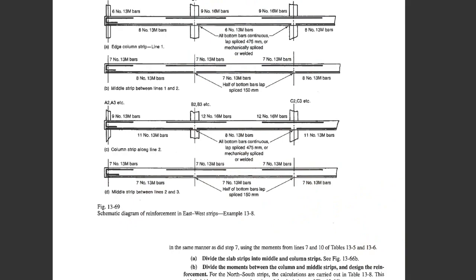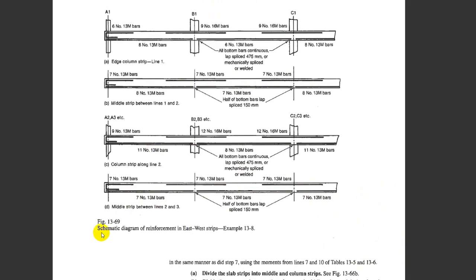Let's take a look at that. This is a schematic design of reinforcement in the east to west strip that we just finished calculating, and we are looking at the A2, A3 strips, where we found 92.3 and used it for calculations. This is the rebars, right? We have this rebar passing through the top of the slab.